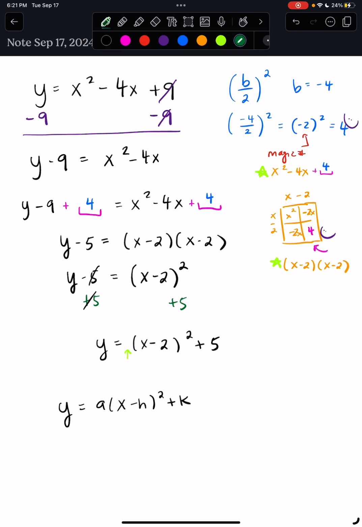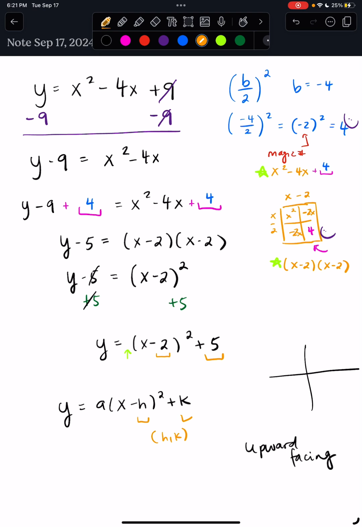So we can kind of envision where our parabola is. In a minute, we'll try to envision where it is. So it is an upward facing parabola. And I can now tell the vertex. We have our x coordinate for our vertex, which is coming from here, and our y coordinate for our vertex is here, because h and k represent the x and y of the vertex.